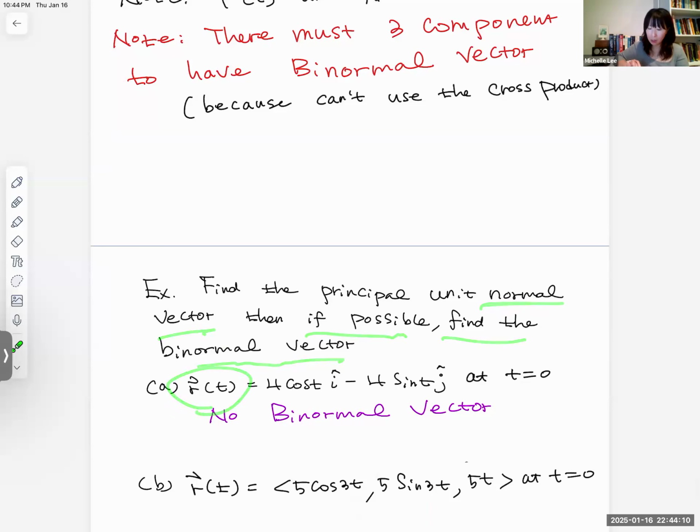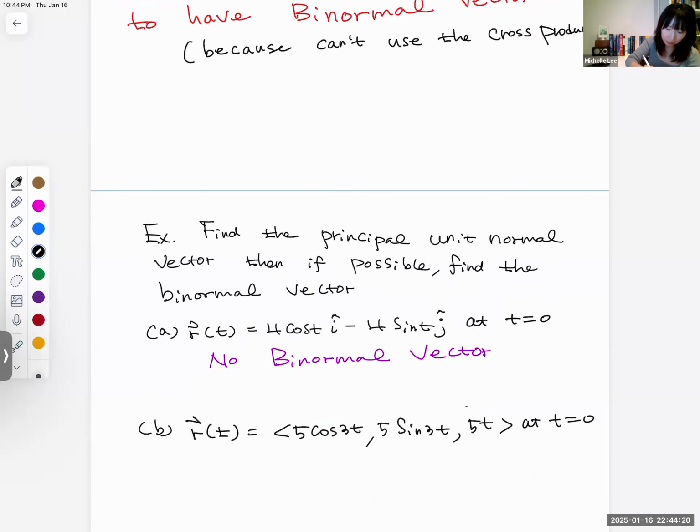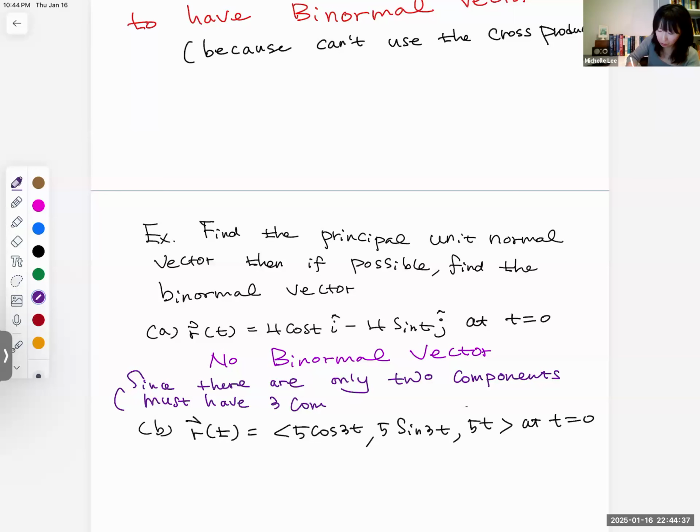So number 1, no binormal vector. Why? Because there are only 2 components, and we must have 3 components to use the cross product.